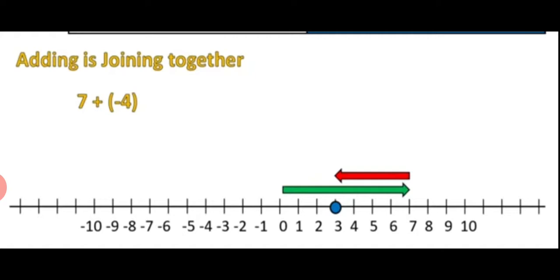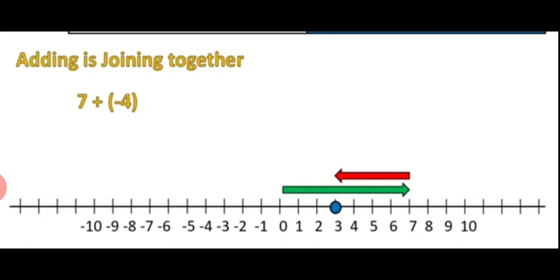You can see the red arrow, starting from 7, we move towards the left side up to 4 units and got the result 3. You can see the 3 is on the right side of 0, so it is plus 3. So the answer of 7 plus -4 is plus 3. Hope you all can understand.